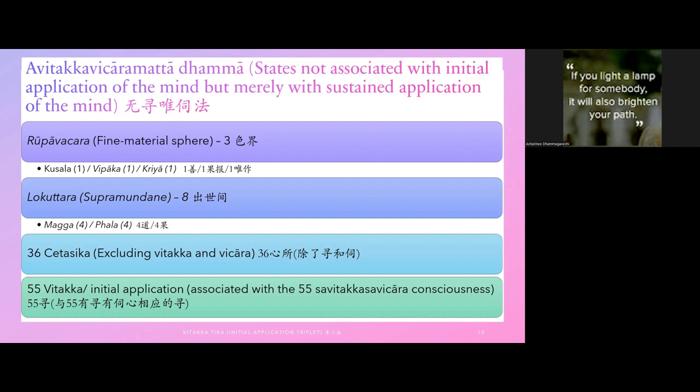The vichara, however, are avichara. They are savitakkavicārā dhammā. And because of that, they don't come under this term. They should be classified elsewhere. So under this term, we get those 55 vitakka falling under this term as well.